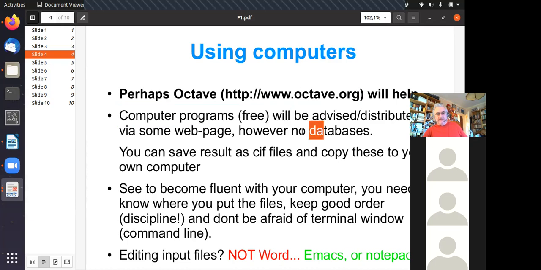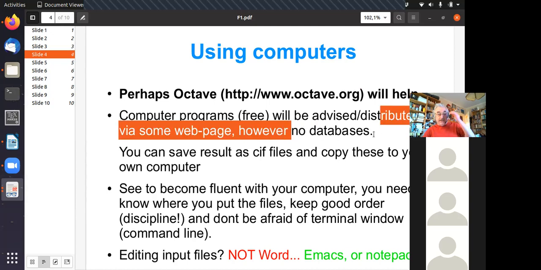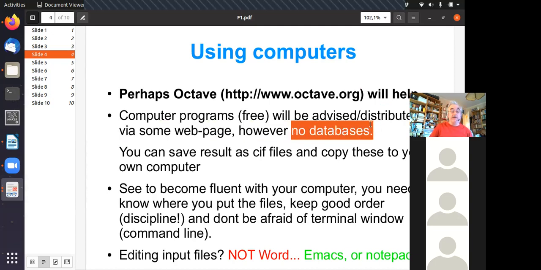And databases: it says no databases here, but this is actually not correct. There is a free database available that is quite large, something like 20-30 gigabytes.